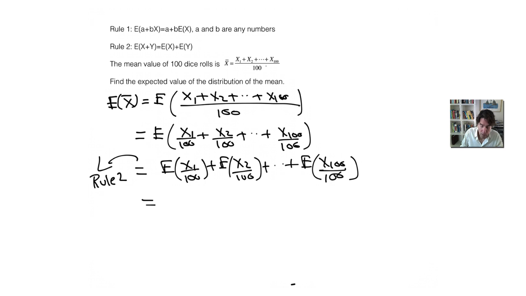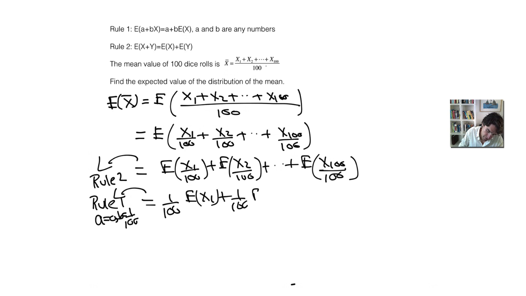Now I can use Rule 1 to bring the fraction 1 over 100 outside the expected value sign. So that's Rule 1 with a equal to 0 and b equal to 1 over 100. That's 1 over 100 times the expected value of x1 plus 1 over 100 times the expected value of x2 plus ... plus 1 over 100 times the expected value of x100.